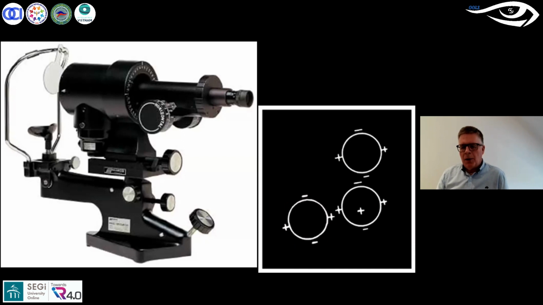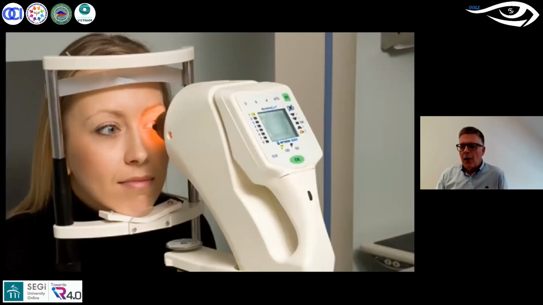At the time, topography did exist, but it took a very long time, and the practitioners of the day needed something very, very quick to gain this corneal measurement. So keratometers stayed with us for decades and decades and decades until the advent of this.